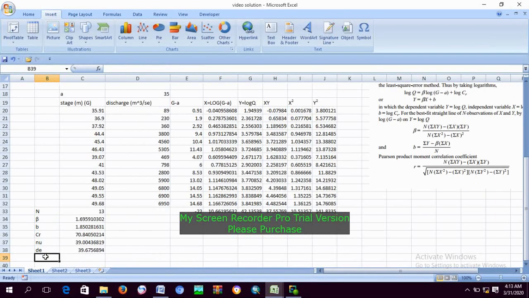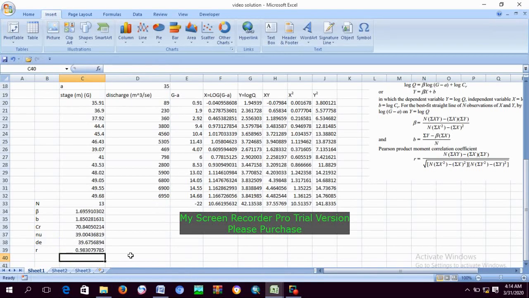Then r is equal to this value over this value. Yes, it is good. r approaches 1, so it is a good relationship. It is the correlation factor.